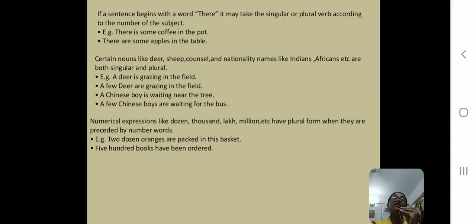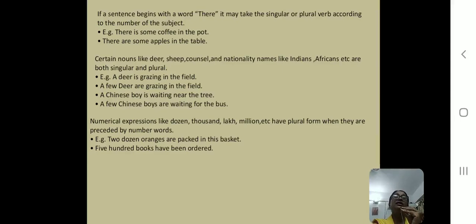In the first one, some coffee, that is a little coffee, so I am using the singular verb is. Then there are some apples. Some apples means more than one, so I have used the verb are. So when you find the sentence begins with there, you will have to see the number of the subject, and according to that, you will have to use the verb.